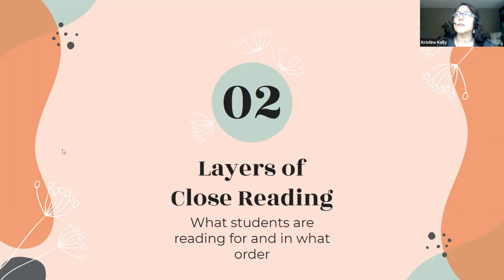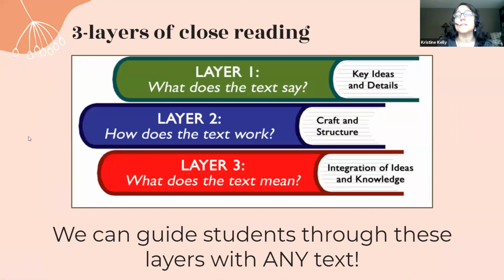Sometimes we can do these layers at one time, and sometimes students do multiple reads, and each read they have a specific purpose or layer that they are reading for. Students can do this at virtually any level where they have enough language to be able to consider possible answers, say multiple choice, and where the knowledge is built.